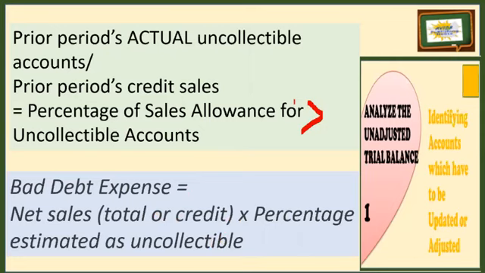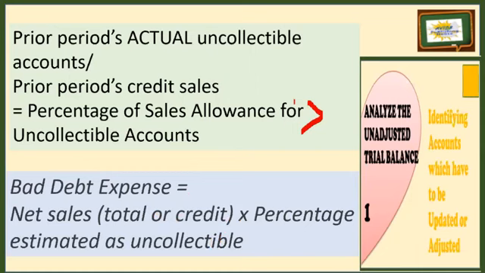The percentage of sales method estimates uncollectible accounts from the credit sales of a given period. The percentage of sales method focuses on the income statement and the relationship of uncollectible accounts to sales. So instead of being related to accounts receivable, it is being related to sales.